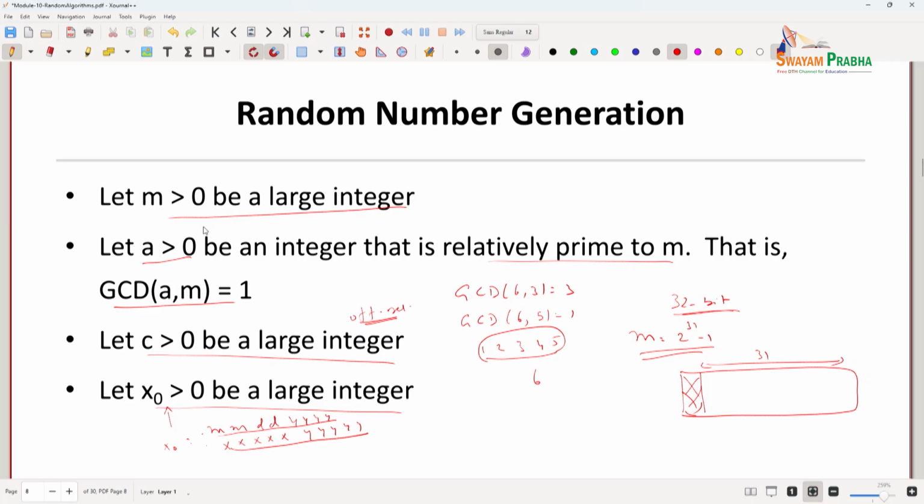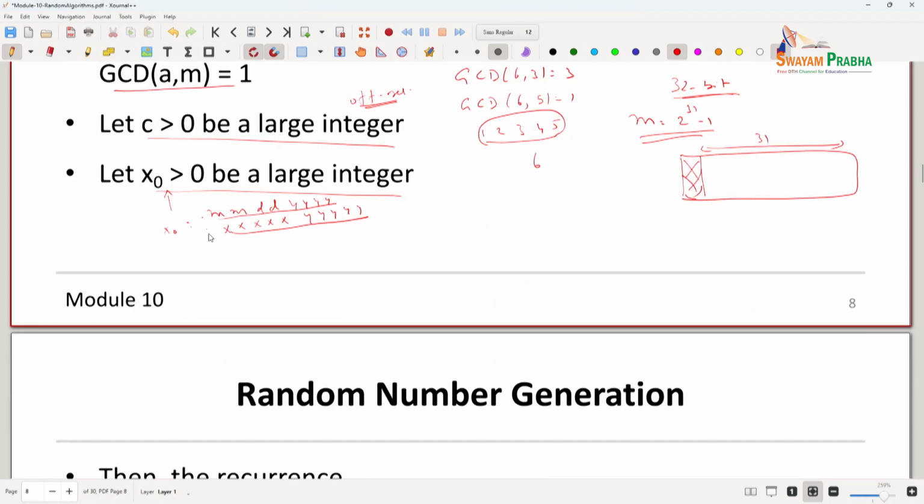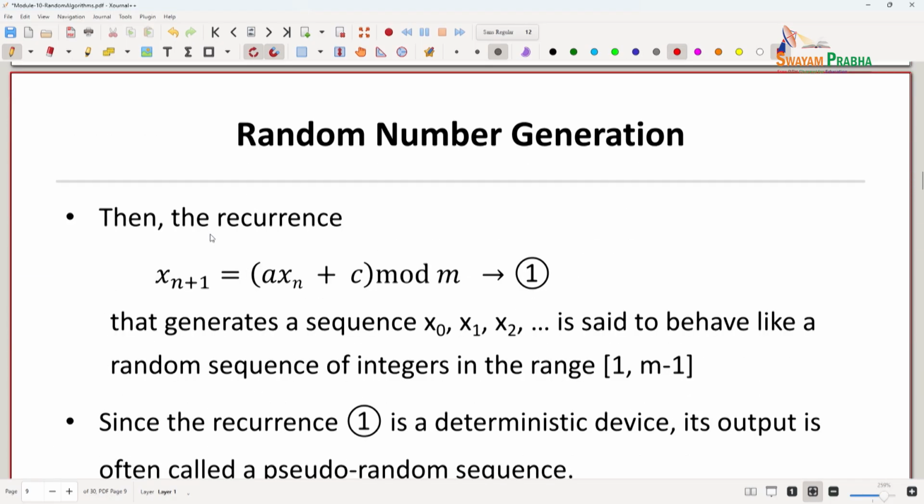So given a, m, c and x naught, I have a recurrence relation: x(n+1) is equal to a times xn plus c, mod m. I am sure you all have some familiarity with modular arithmetic. a is relatively prime to m, c is positive. So this can generate numbers starting from x naught.